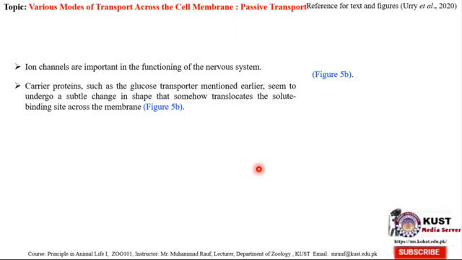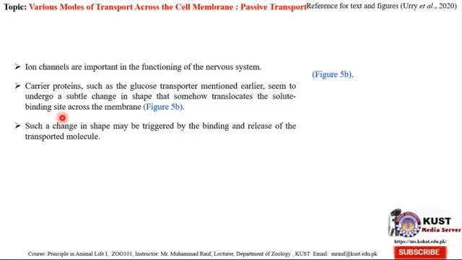Carrier proteins such as the glucose transporter or GLUT transporter seem to undergo a subtle change in shape that somehow translocates the solute binding sites across the membrane. Such a change in shape may be triggered by the binding and release of the transported molecule.